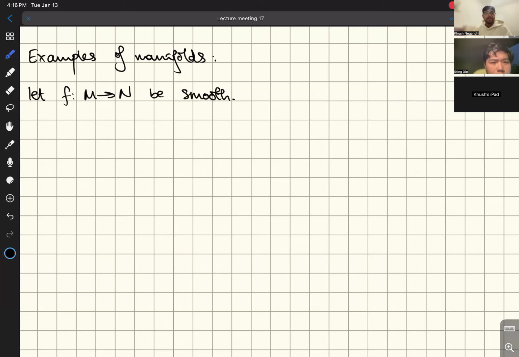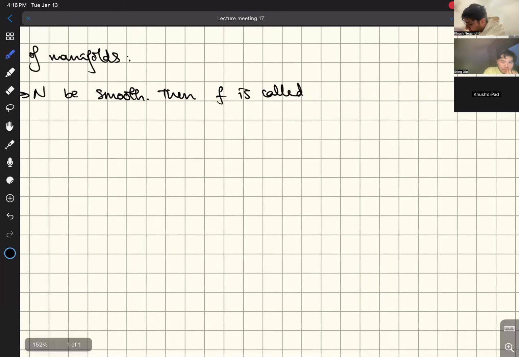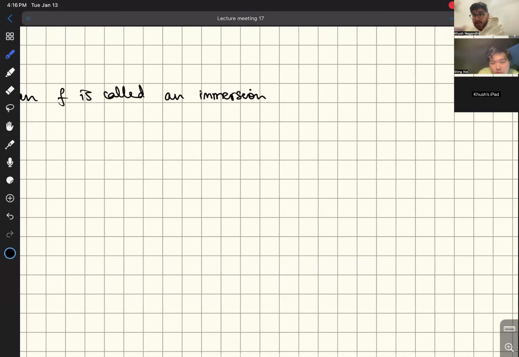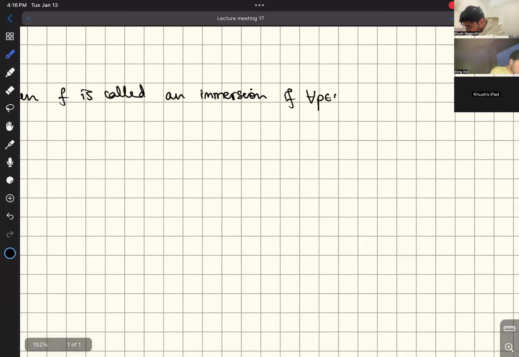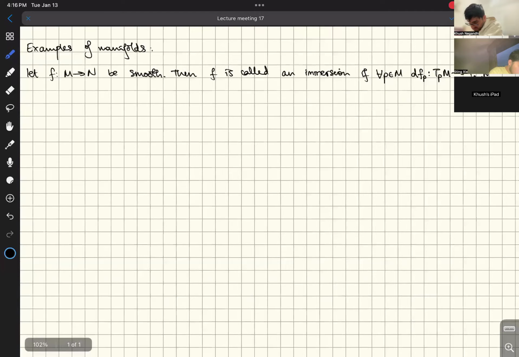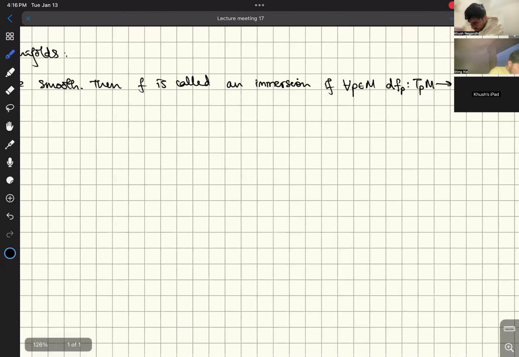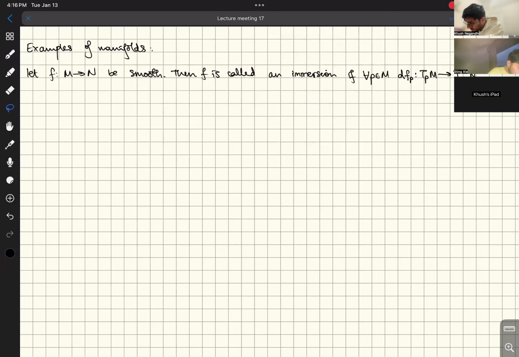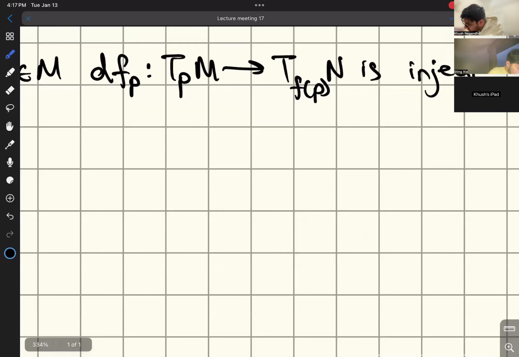Then f is called an immersion if for all points in the manifold, the differential df_p is injective.